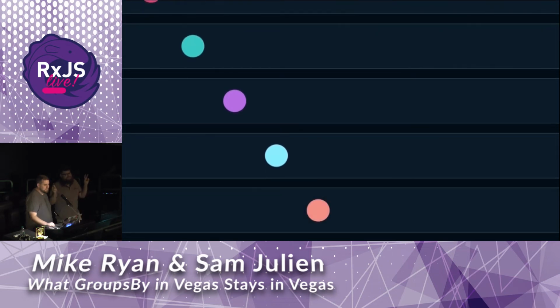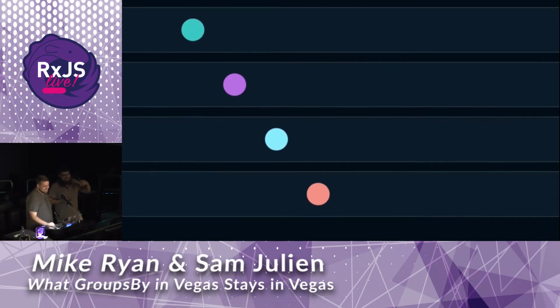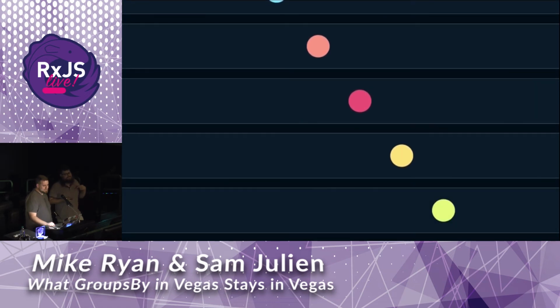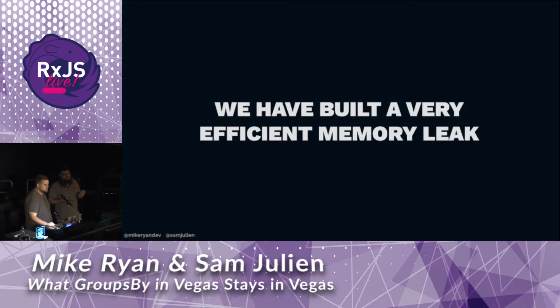And then there's Tony's pink. And these groups just get created, and they just sit there, and it just keeps going on and on and on. This last one's called Mindaro. I don't know why. But they just sit there, and they never go away. And so what we've done is we've actually built a very efficient memory leak. So good for us. But it turns out there's actually a way we can fix this.